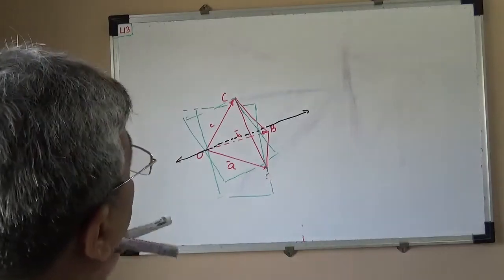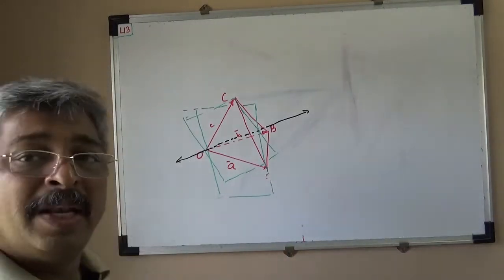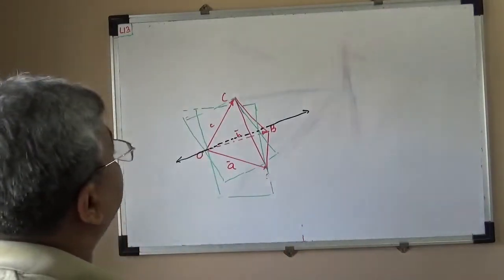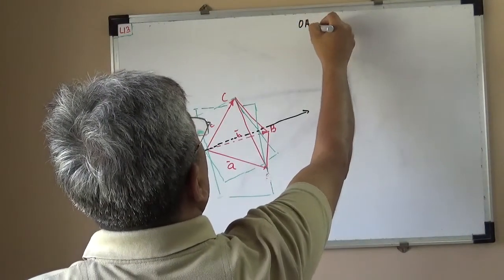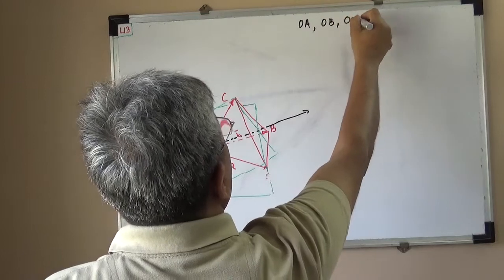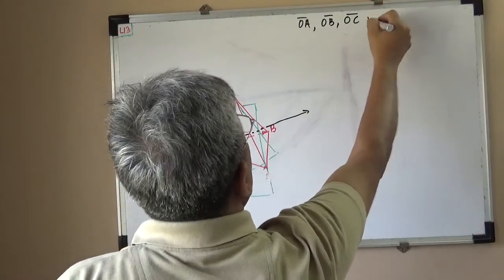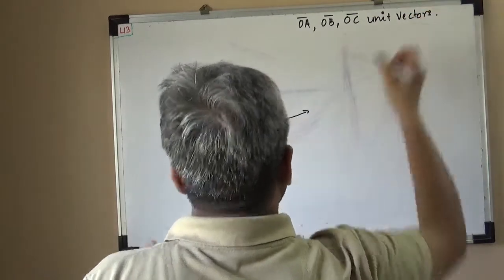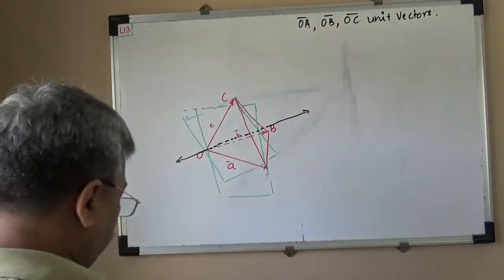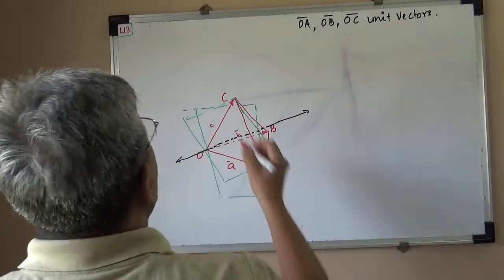Now to solve this problem, let us take, because it is not given, let us take OA, OB, OC unit vectors. Okay, so what is the advantage of taking them unit vectors?